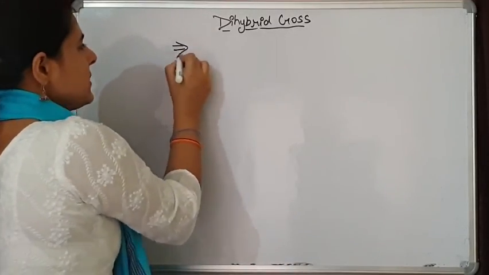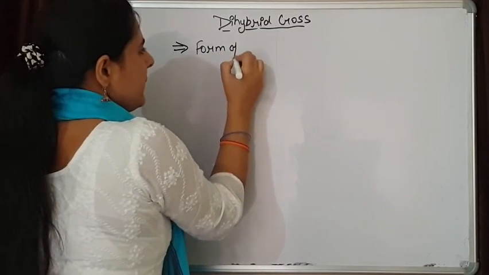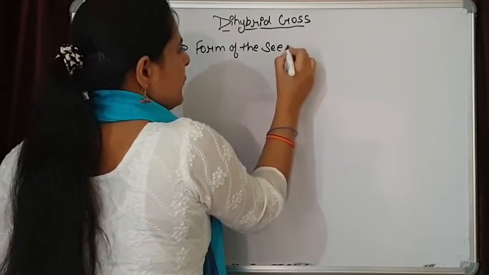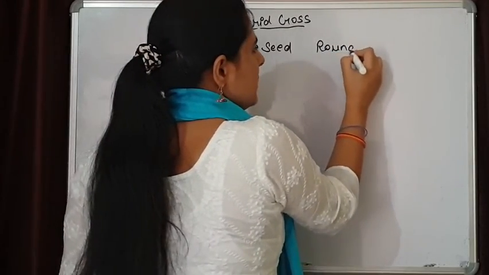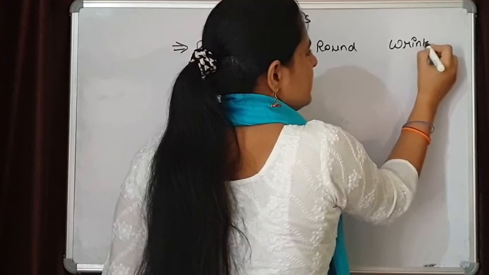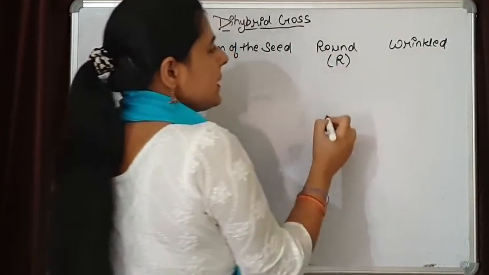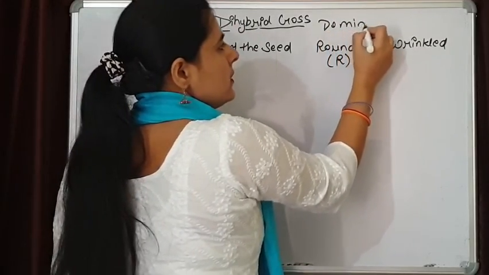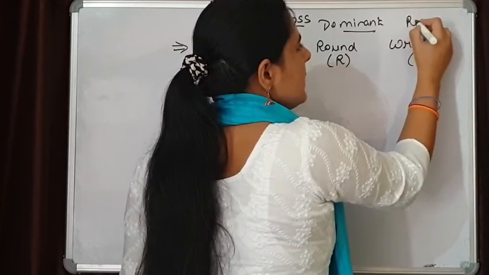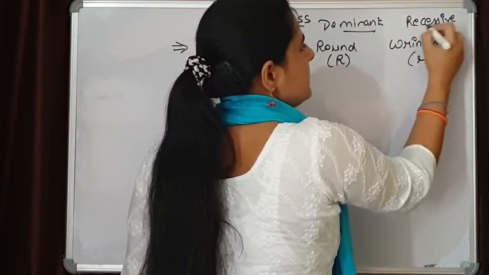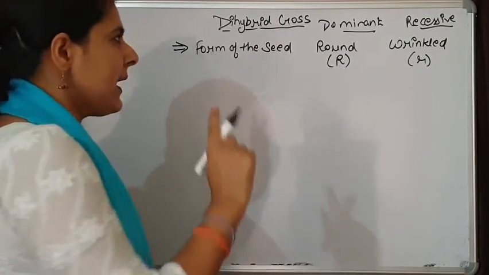The first character which Mendel selected was the form of the seed, and the forms of the seeds were round and wrinkled. We are going to write round with capital R because this is the dominant one, and wrinkled with small r because this is the recessive one. This was one character selected by Mendel in the dihybrid cross.